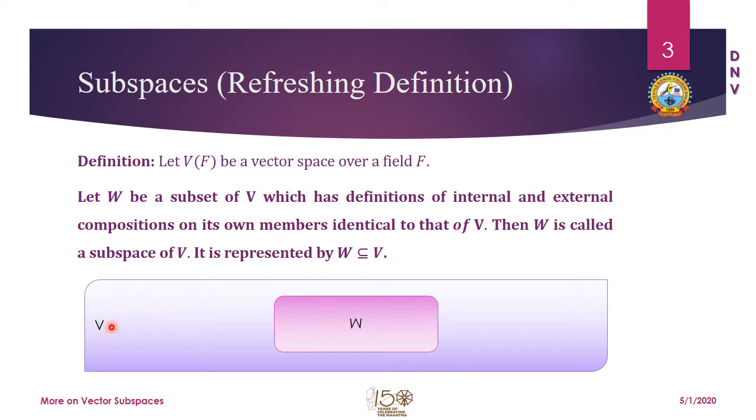So if both V and W satisfy the internal and external composition properties with respect to V and F, then we call them the vector space and the vector subspace.